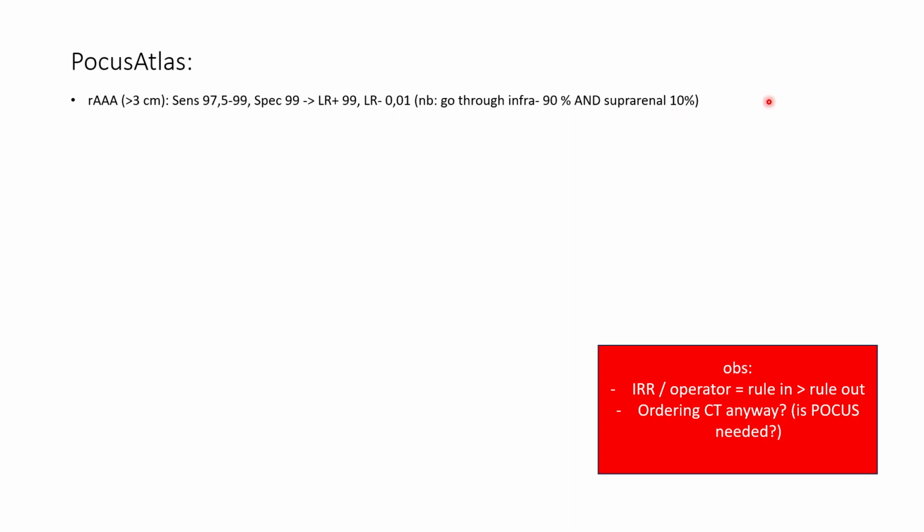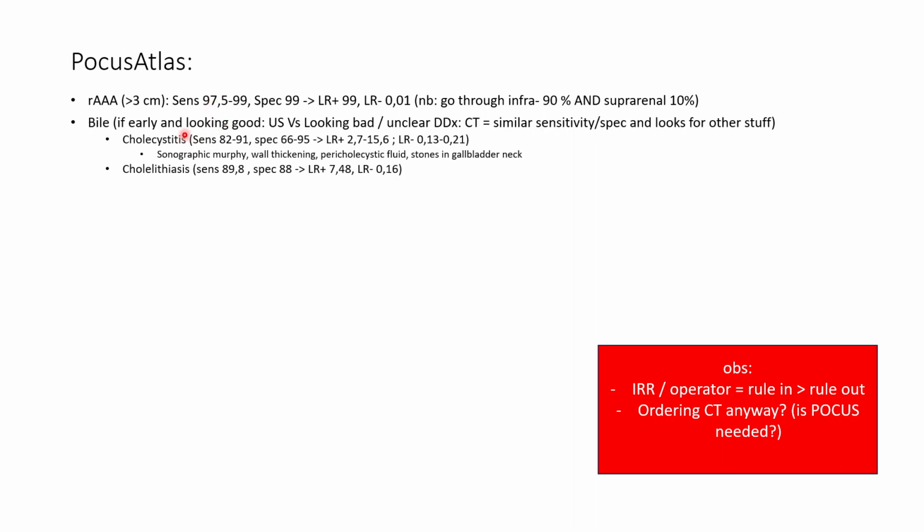The suprarenal ones are quite hard to find because of the transverse colon going through the area, and usually there's a lot of shadow there. So in general this is believable, but be aware that this can be a problem. You need to follow the entire length of it to find all of them.